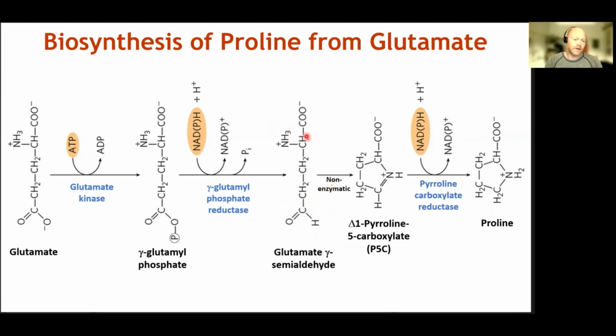And that amine is actually on the same molecule, so this end can flip around and react with this, forming a ring structure. Now that the ring structure is formed, as P5C here, this process could in fact go backwards as well.